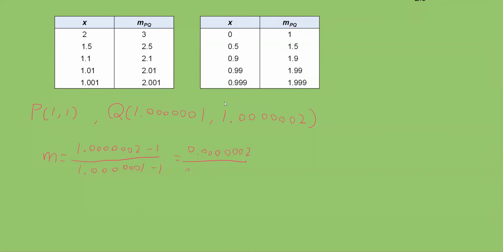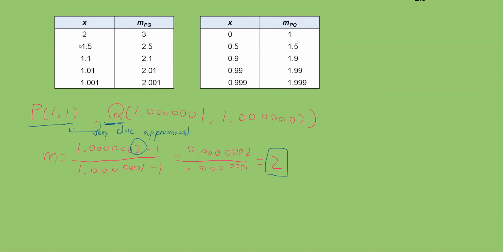And that gives us what? 0.00000002 over 0.000001. And that is exactly 2. But this 2 right here is actually not exact, this is approximated by my calculator. So you can see that when our second point Q is very close to point P, we get a very nice approximation, which by calculator standard is 2 already.